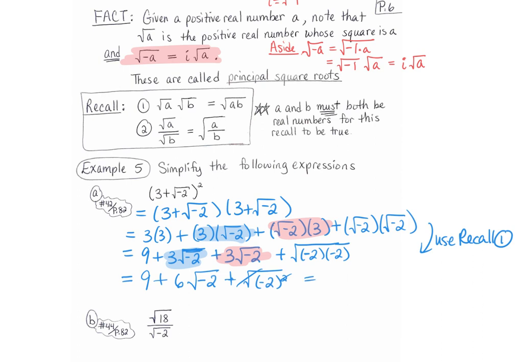So this becomes 9 plus 6 square root of -2, all of that minus 2. 9 minus 2 is what? 7. Good. So 9 minus 2 gives us 7 plus 6 the square root of -2.